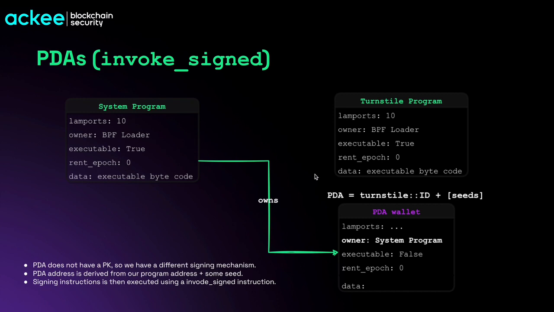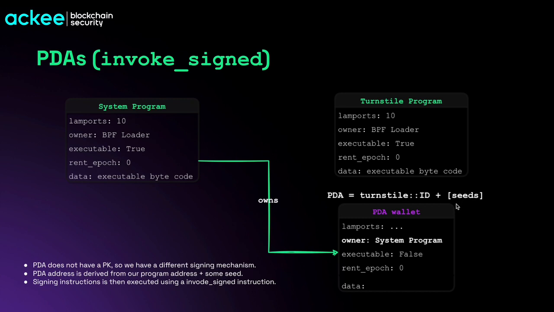So that's where PDAs come in. Again, a PDA wallet is just an account that is derived from our program address, which is our program ID. We actually worked with the program ID in our previous lecture where we changed our program ID when we deployed the program. So you can take this program ID and add some form of seed. Let's say we will call this wallet, for example, Vault.